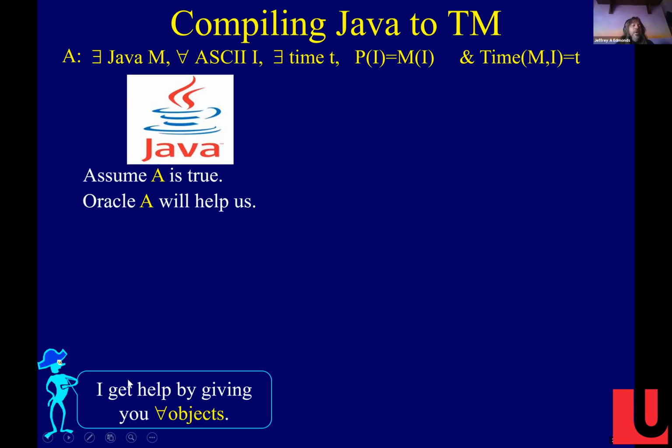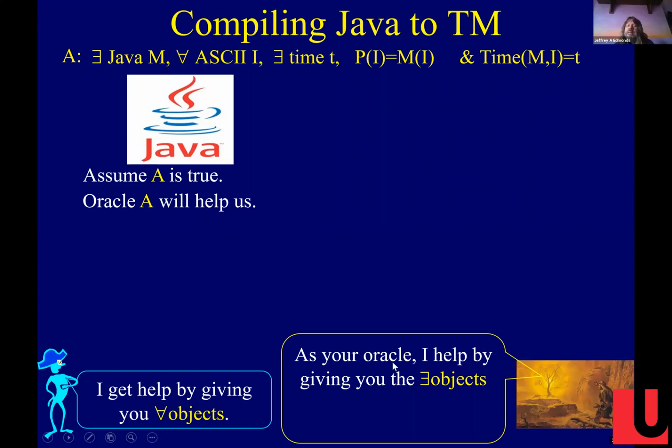When there's a for all statement, if the oracle is assuring us that something is true for every object, then we can give the oracle our favorite object, and the oracle will assure us that, yes, it's true for this favorite object. And when it's an exist statement, the oracle will provide us that object that is claimed to exist.